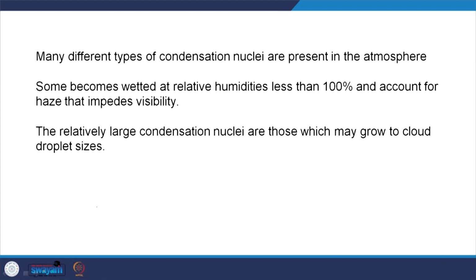The relatively larger condensation nuclei are those which may grow to cloud droplets. So cloud droplets are small, of course, but when the cloud droplet grows beyond a particular size, you call them rain droplets. That is a different story, right.